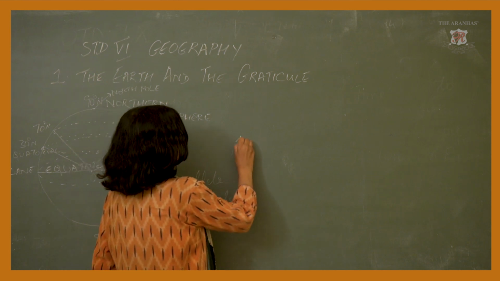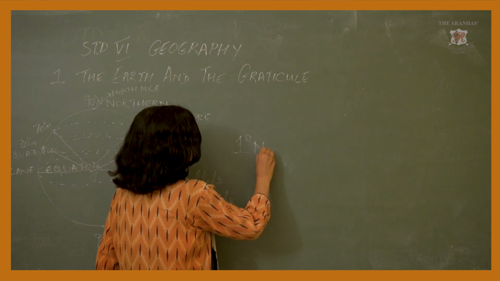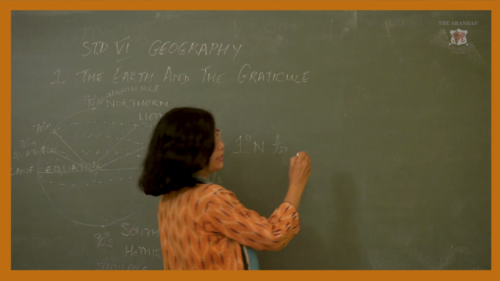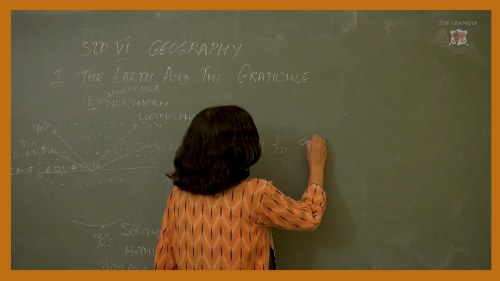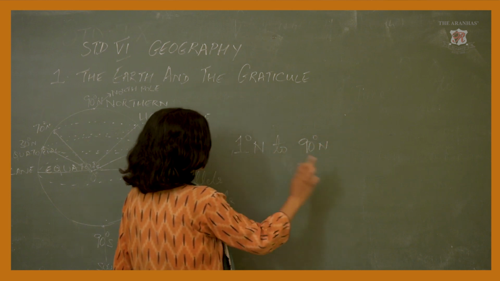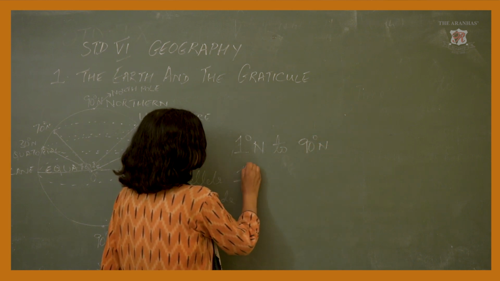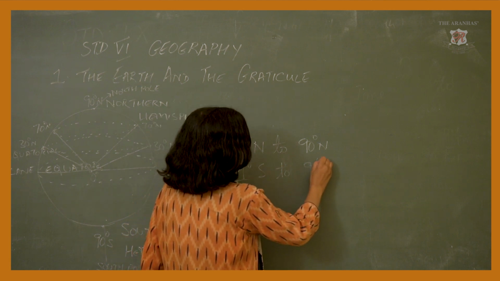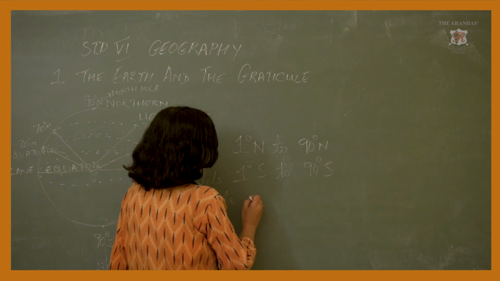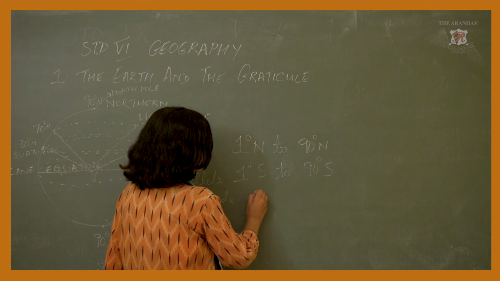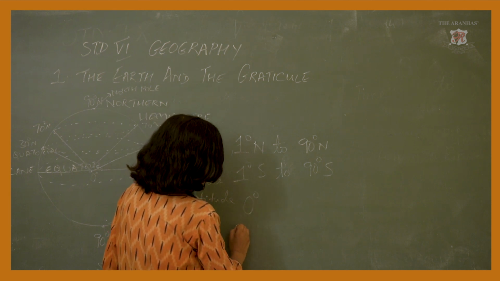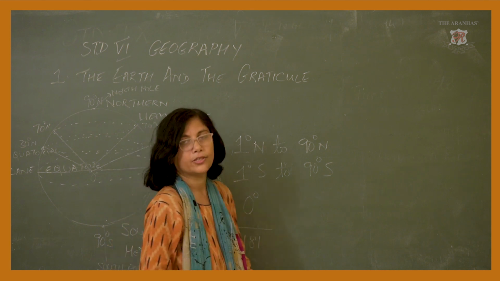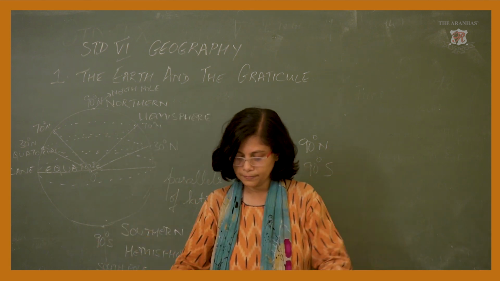You have from 1 degree north all the way up to 90 degrees north, which is one set of parallels. Then you have 1 degree south to 90 degrees south, another set of parallels, then you have the equator which is 0 degrees. So, you have a total of 181 that you can draw all in all.